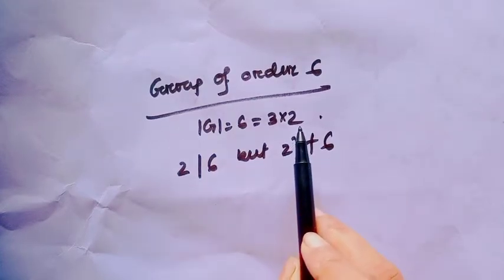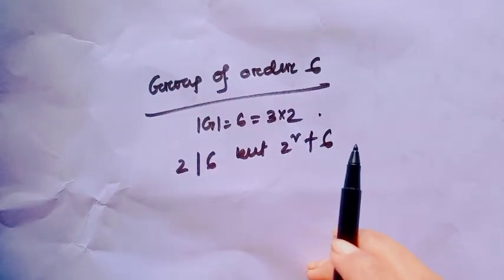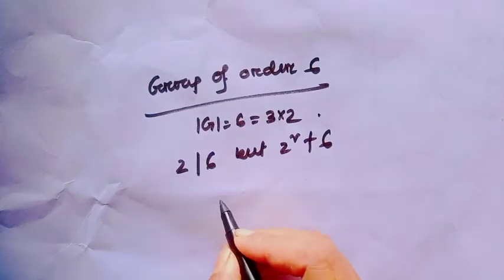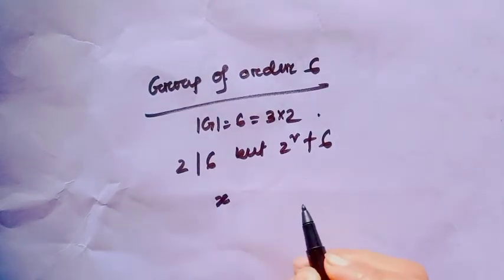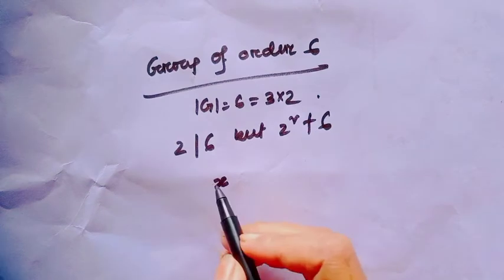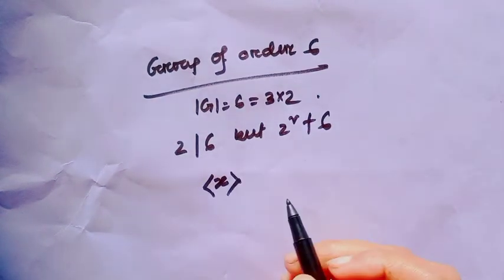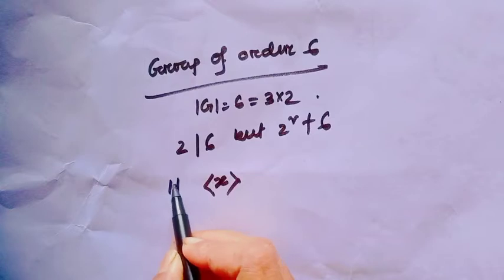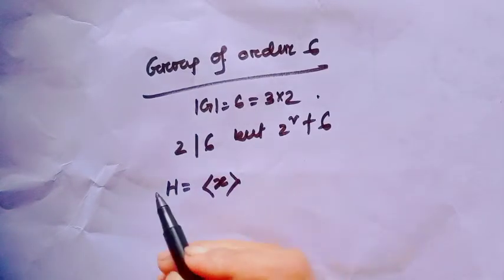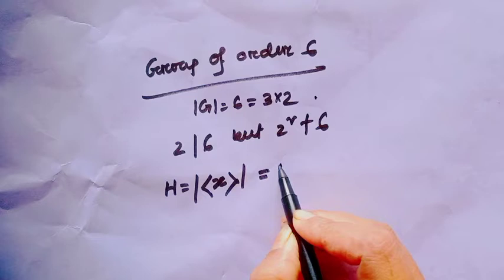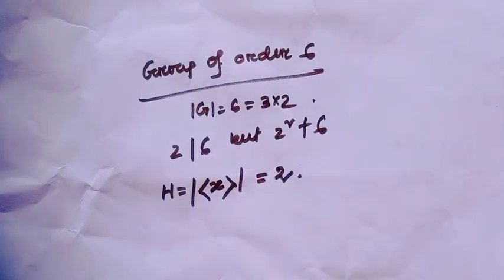Since 2 is a prime number, by Cauchy's theorem there exists an element of order 2. Consider this element x, which always generates a subgroup of order 2. Consider this subgroup as S, and the order of this subgroup is 2.